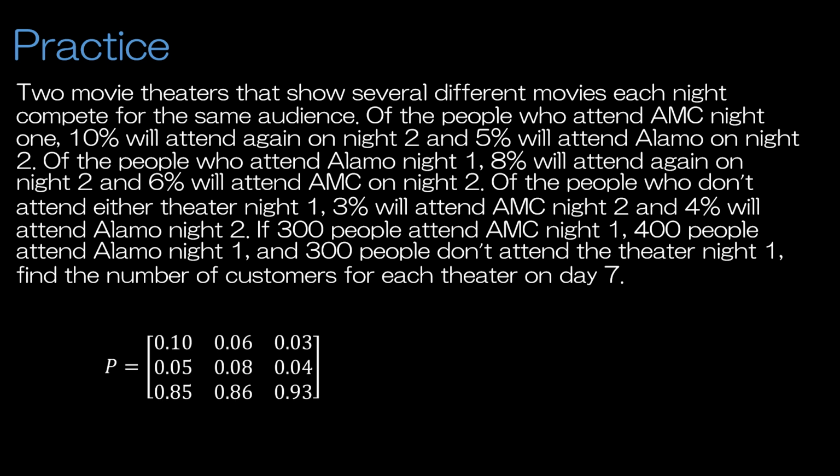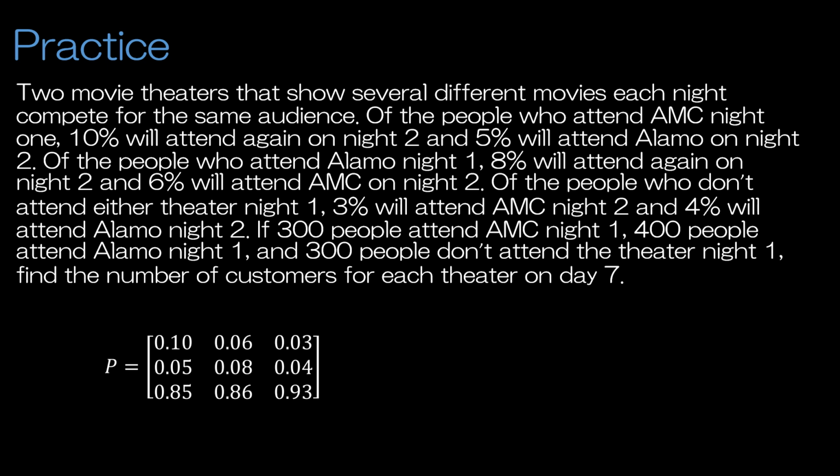So we should have come up with this probability matrix: 0.1, 0.05, and 0.85, 0.06, 0.08, and 0.86, and then 0.03, 0.04, and 0.93. The other matrix we should have come up with on this slide is the initial state matrix.